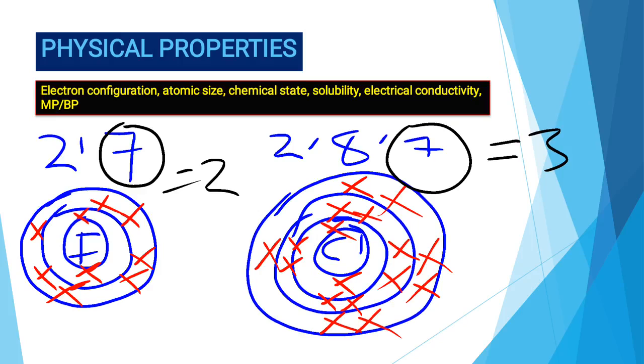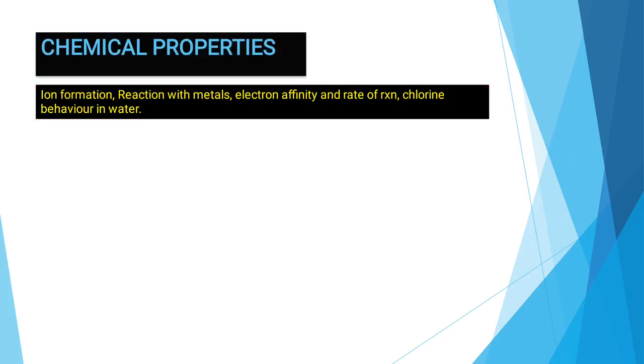On electrical conductivity, these elements are molecular substances, and therefore they do not contain electrons in the outermost energy level that are responsible for electrical conductivity. As a result, they are non-conductors of electricity. How can we explain this? For example, if we look at fluorine, it exists like this.